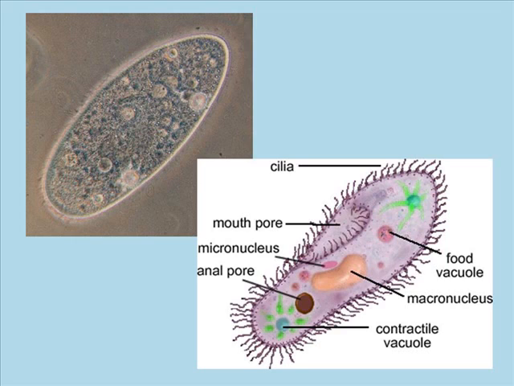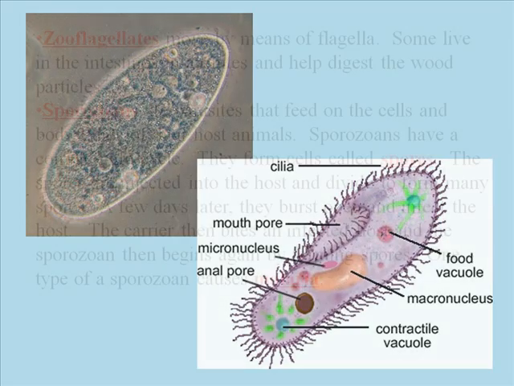And the micronucleus, which is right by it, is the one that controls conjugation. Your anal pore is where the waste is removed, and your contractile vacuole is what is going to keep these paramecium from expanding too much, because like the amoeba, they live in fresh water and need a way to get the excess water out of their cell so that they don't get damaged.